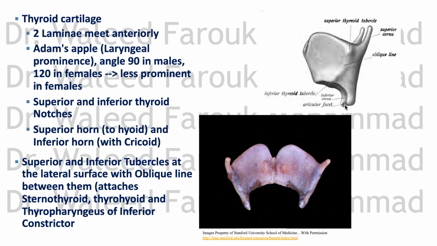This is the inferior cornu that articulates with the sides of the cricoid to form the cricothyroid joint, or thyrocricoid joint. It's the same, cricothyroid joint, at the sides. So we have inferior horns and superior horns. If you're asked, the superior horns are bigger than, or taller than, the inferior horns, okay?